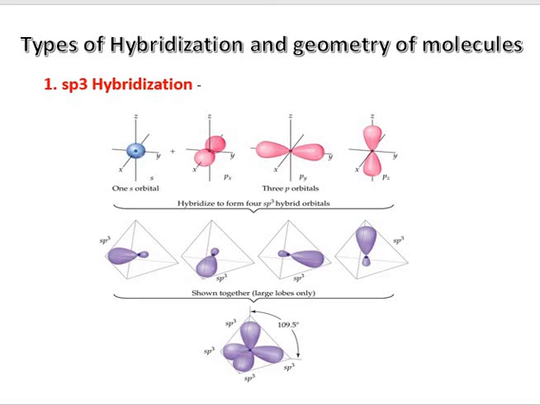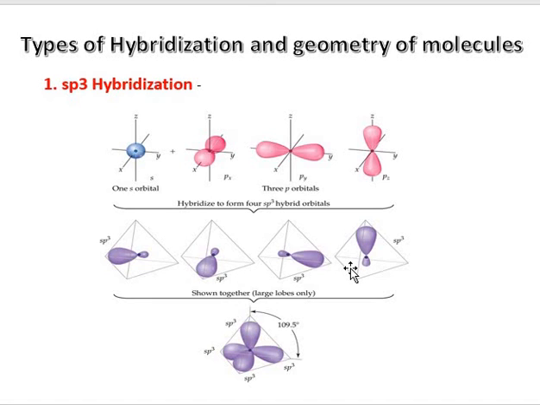One s and three p orbitals having comparable energy, as you are seeing in the diagram. The blue color s, which is spherical, and px, py, pz, three directional p orbitals will be mixing and recasting into how many? Four hybrid orbitals, which have definite and directional shape.